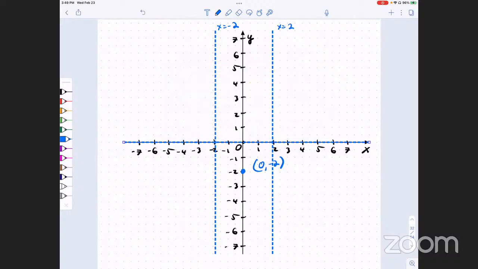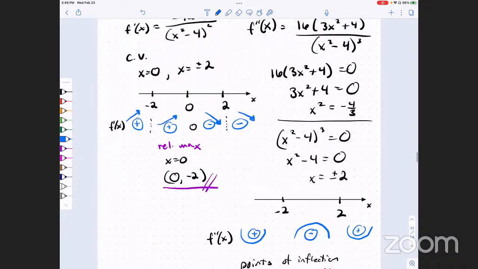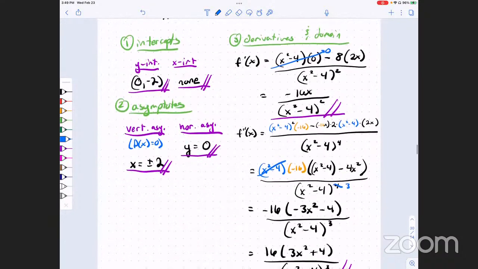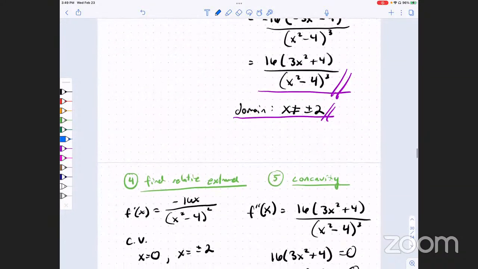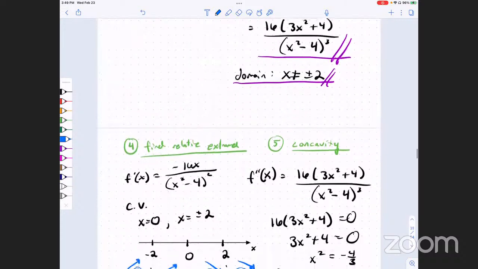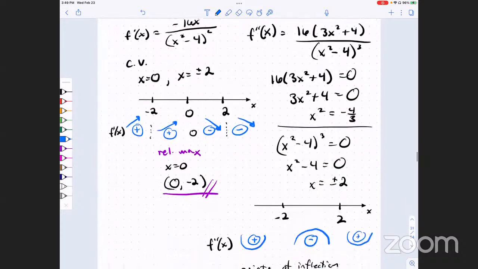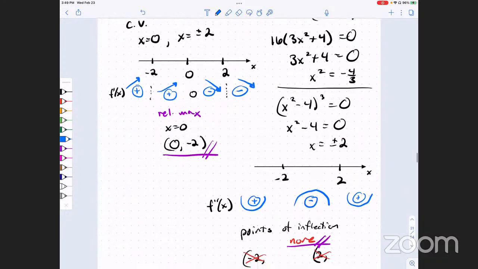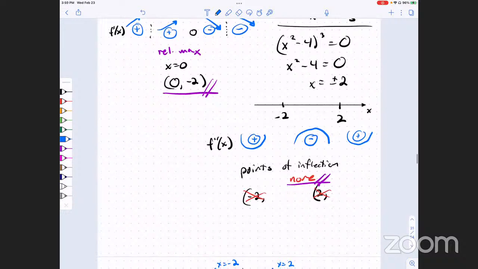And that's y = 0. We've already used the first derivative, second derivative, the domain, everything except -2. So we said we had a relative max. So that should be a relative max. And then it should be concave up, concave down, concave up.